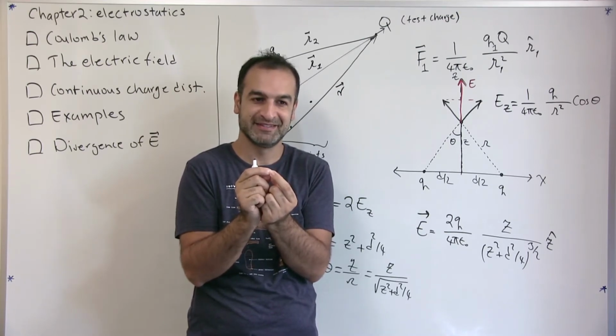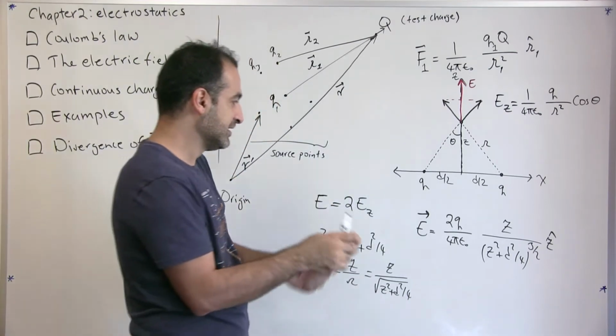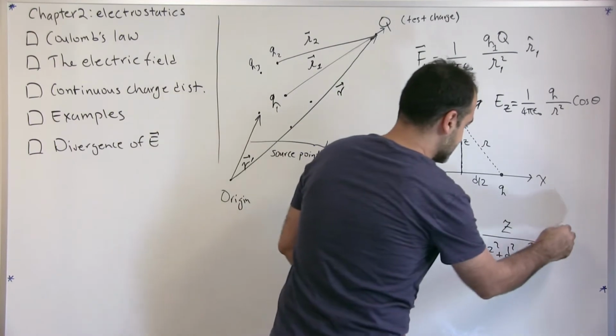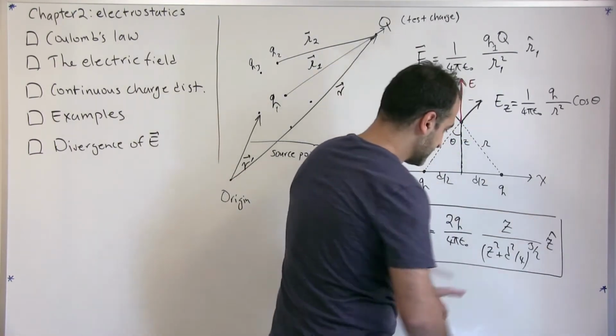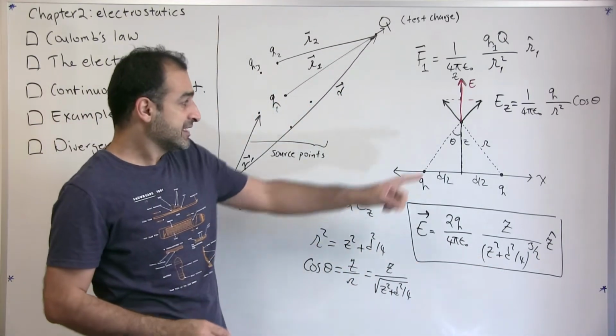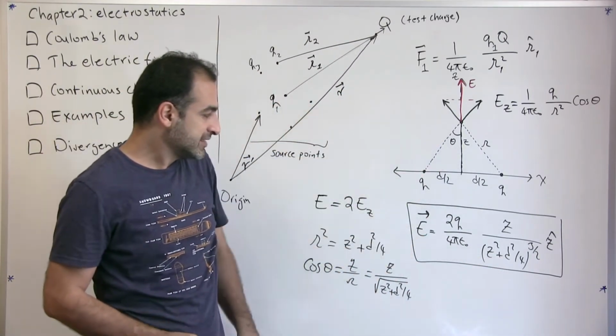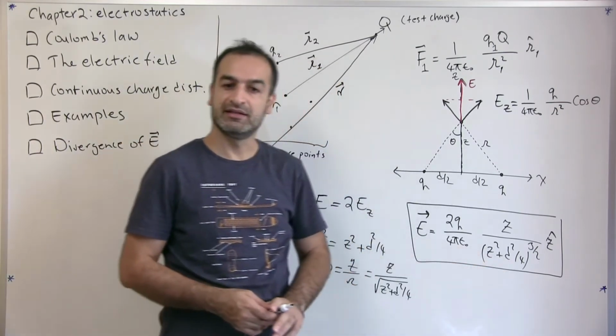Okay, so now let's look at that mathematically. We calculated this electric field as a function of z and d. If z is becoming big, we're going to look at this in the limit of z being way bigger than d.